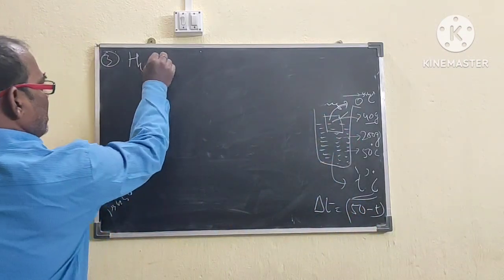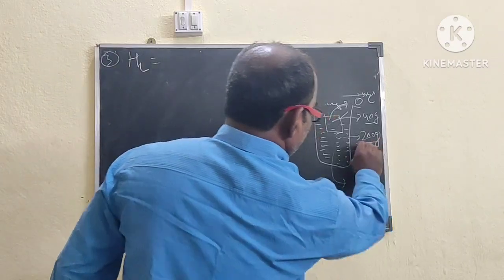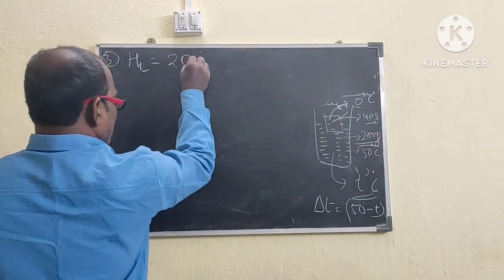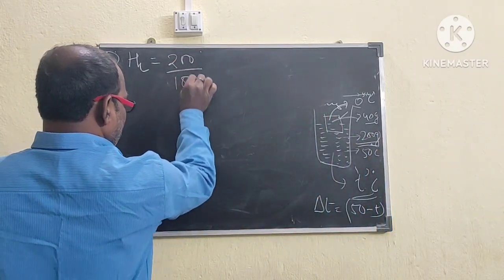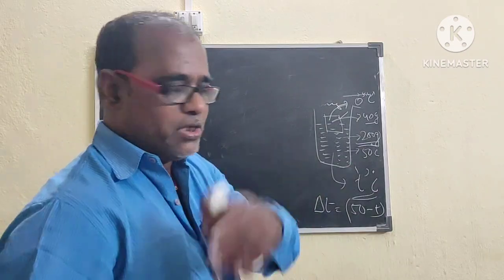Then by the formula we are writing mass. Mass was 200 gram. That means 200 divided by 1000. We are converting it into kg.